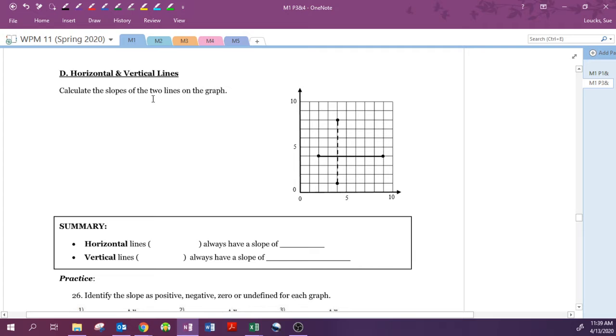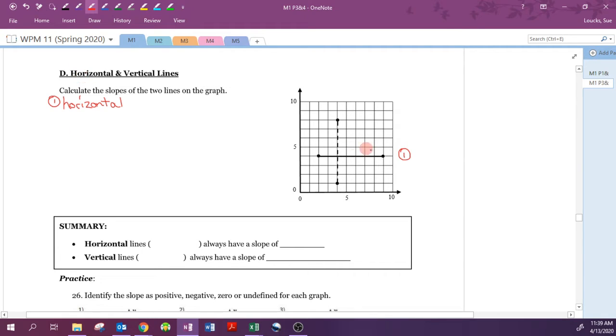All right, part D, let's take a look at horizontal and vertical lines. And we're going to calculate the slopes of the 2 lines on the graph. We're going to start with this one here, the one that goes across. This is a horizontal line. And you need to know what horizontal and vertical mean, okay?